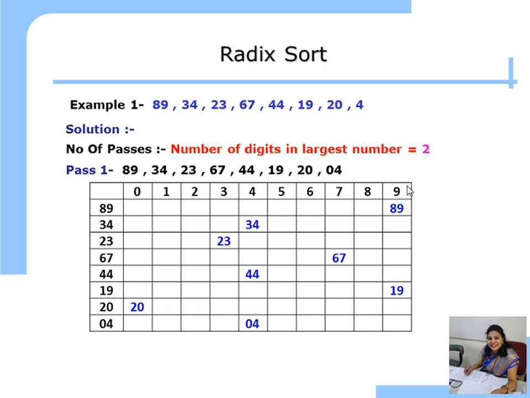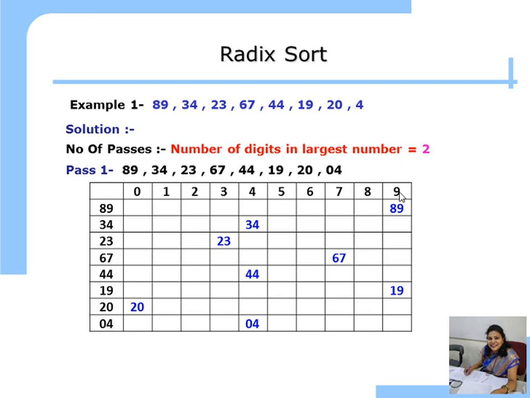0 to 9 buckets, and whatever the input, that is 89, 34, 23, 67, 44, 19, 20 and 4, we put here vertically, and these are the bucket values 0, 1, 2 till 9.